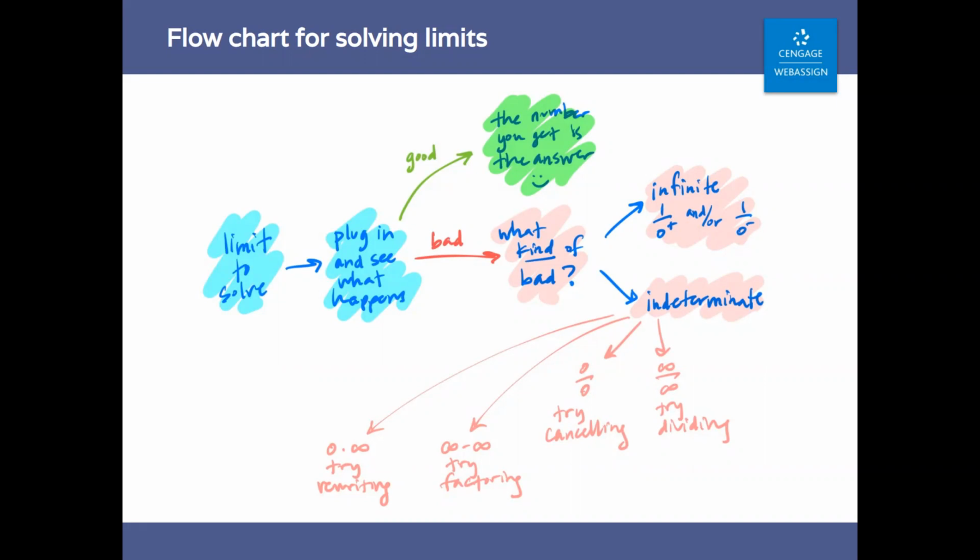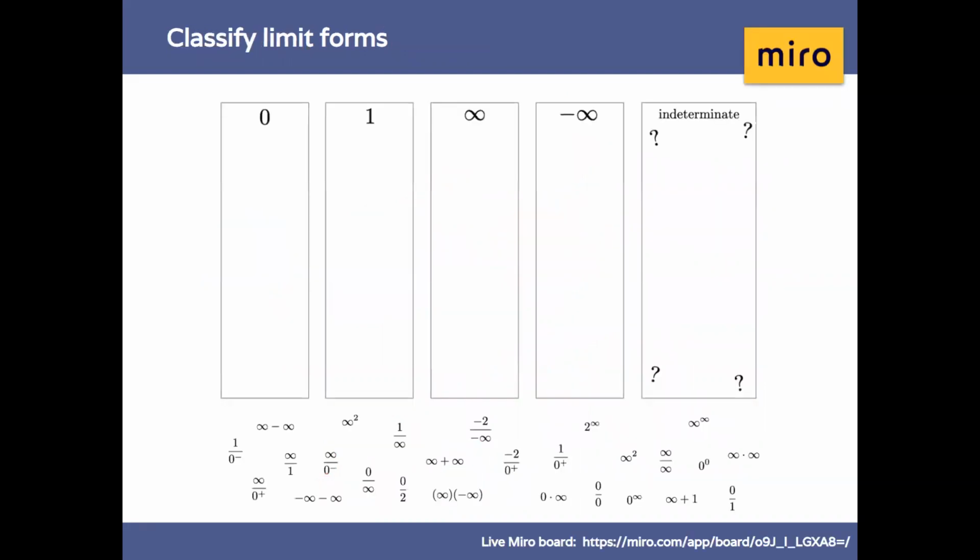Okay. So let's really drill down for this. I have a worksheet for you. It looks just like this crazy thing here. Your job is going to be to figure out where all these indeterminate forms go in this worksheet.